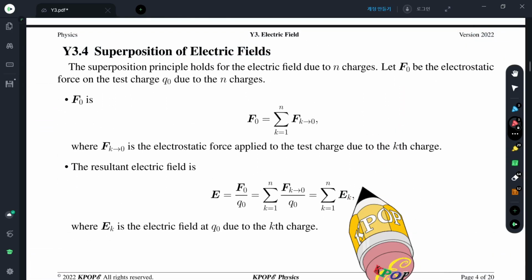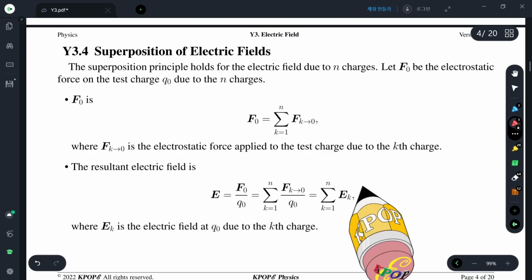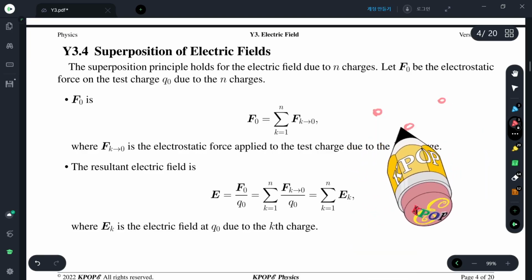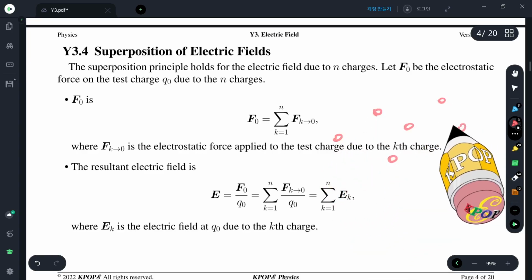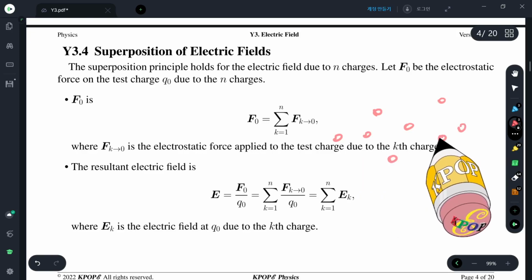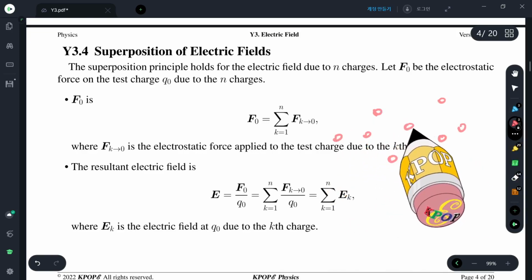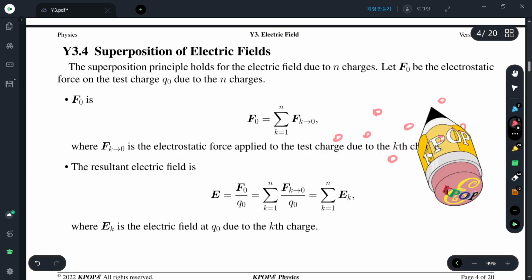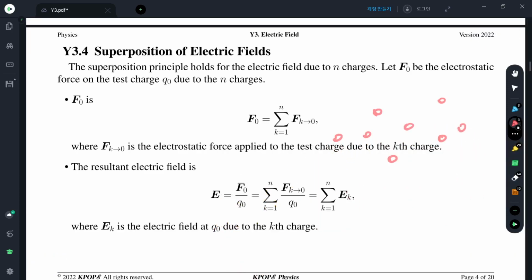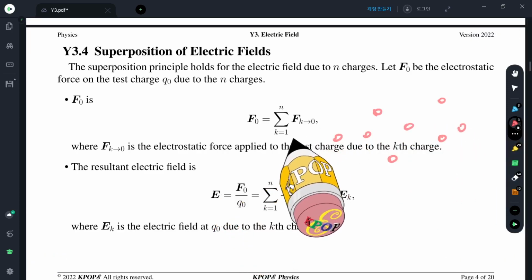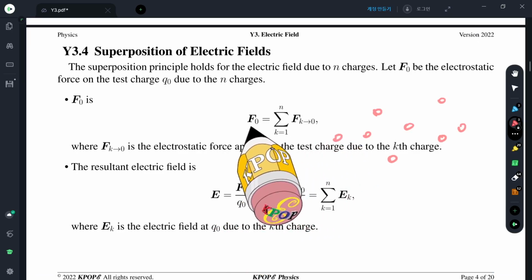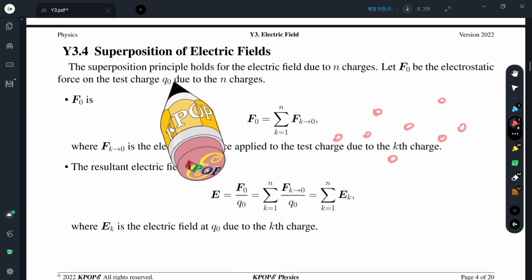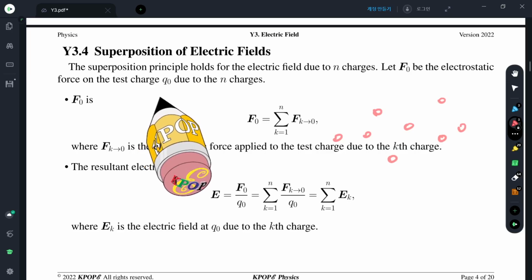Superposition of electric fields. If you put many charges as source charges, the contribution of every charge is to be added algebraically as a vector sum. Q0 is the test charge.